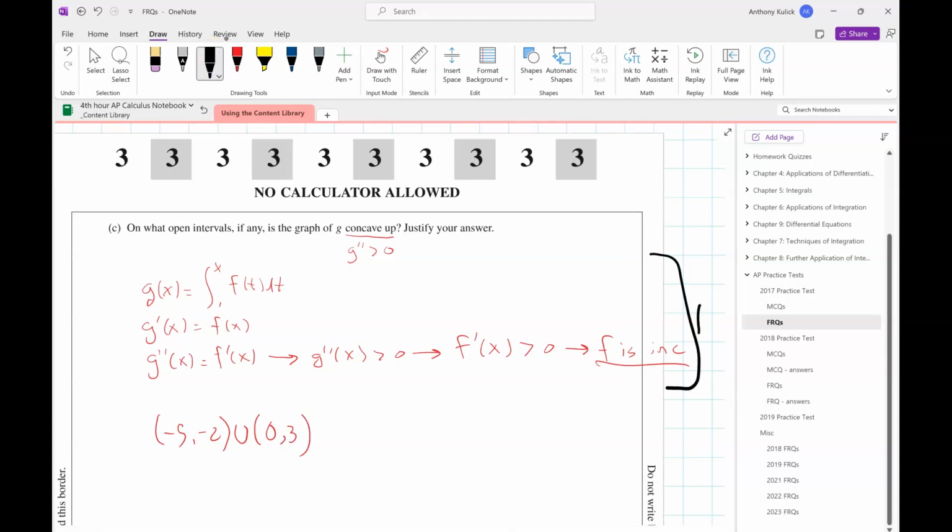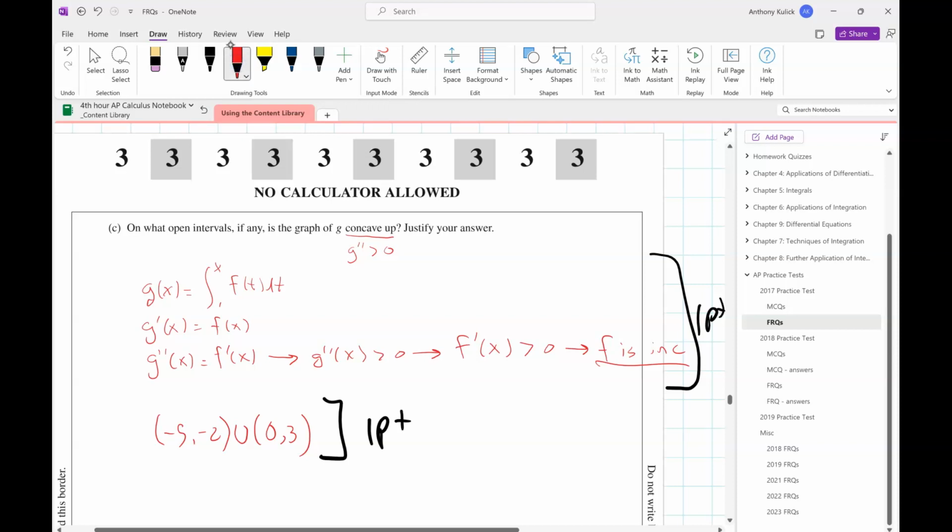I think this explanation was probably 1 point, and the answer was 1 point. So it says 2 points for intervals with justification. I don't know if you would have had to go all the way to f is increasing, but you would have had to definitely show that f prime greater than 0 is equivalent to g double prime greater than 0. You'd have to write that at least, I think, for your justification.